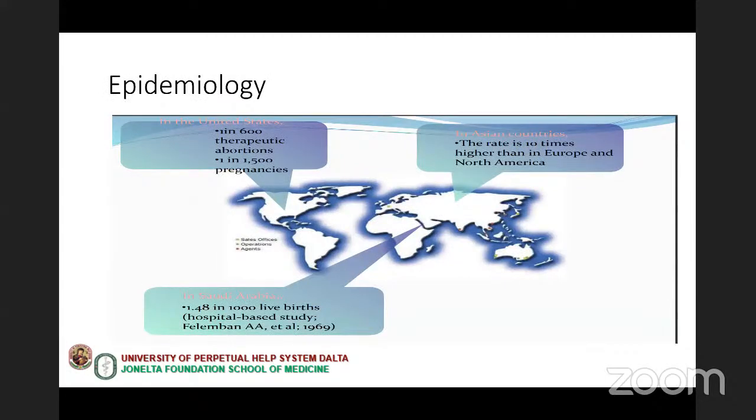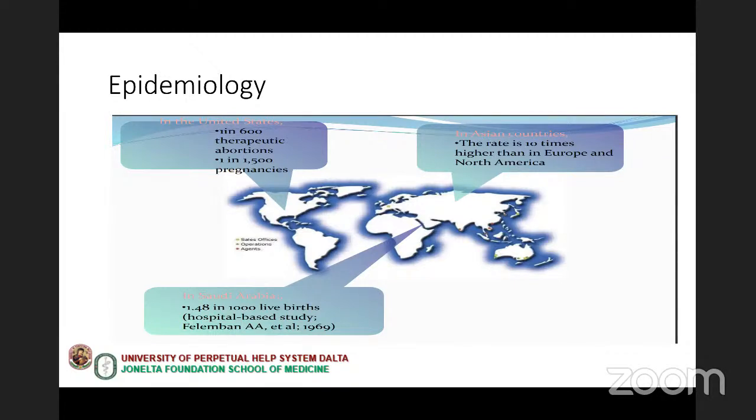Epidemiology, you would see that it's common in Asian countries, 10 times higher than what is found in Europe and North America. So Asians would be more knowledgeable in how to handle this disease.